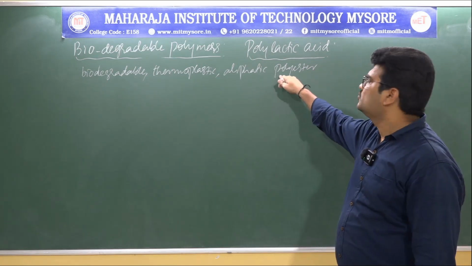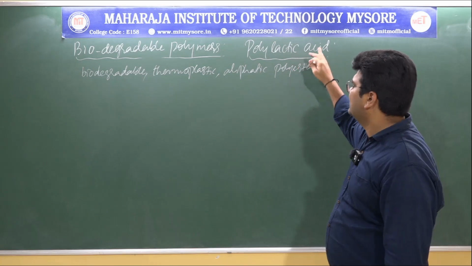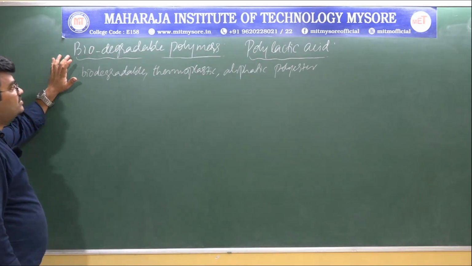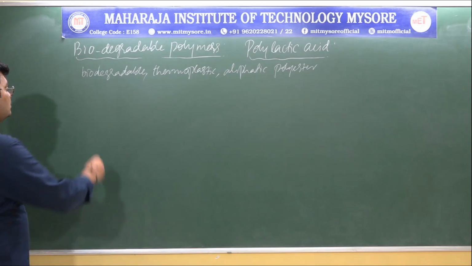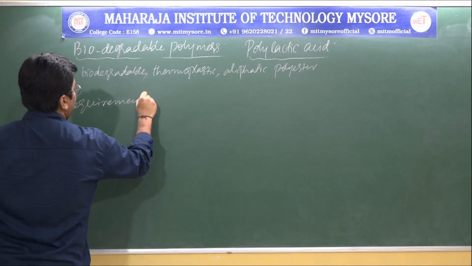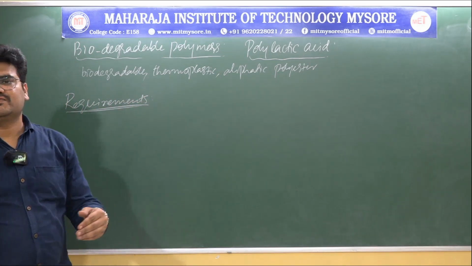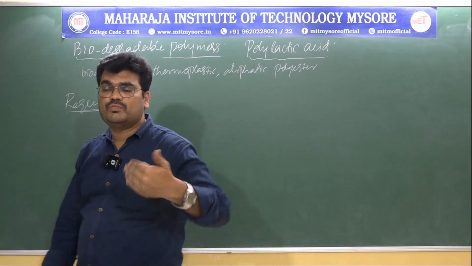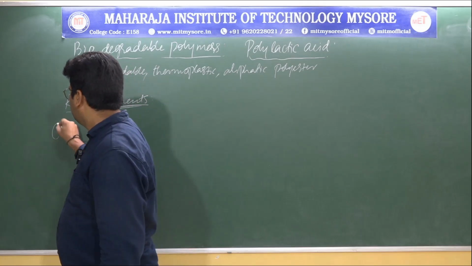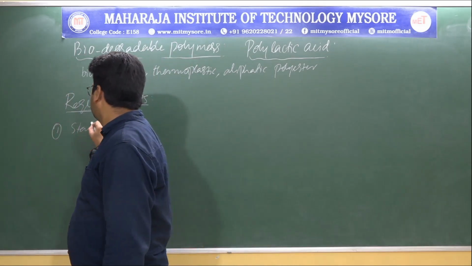Before studying the synthesis, properties and applications of polylactic acid, let us understand the requirements for biodegradable polymers. What are the requisites for a polymer in order to become biodegradable? The first requisite is they should be stable.